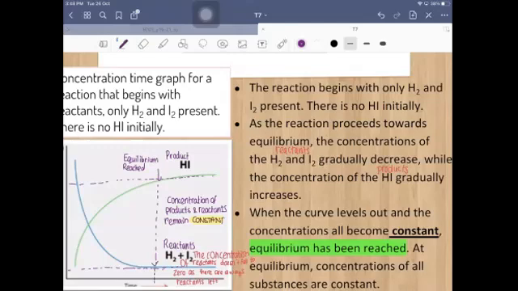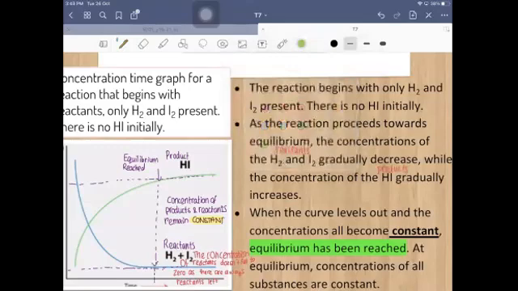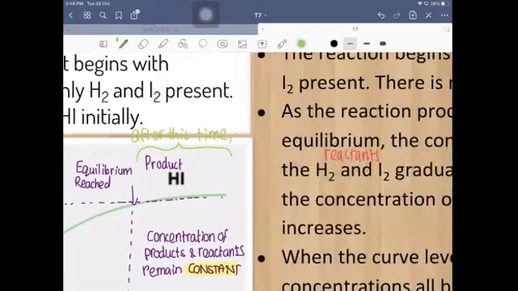So after equilibrium, just to remind yourself, after this time, reactions are still occurring, both forward and reverse.